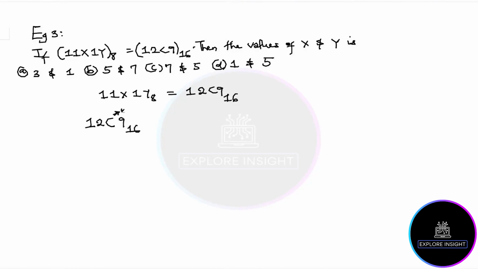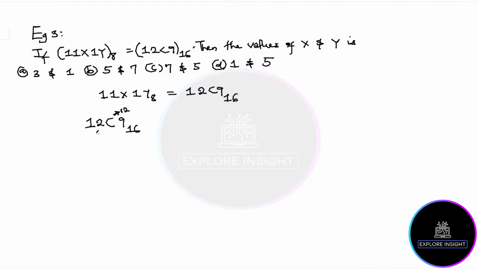Remember, C in this case is 12. Since I'll be converting the hexadecimal to base 8, at that point I'll be having both bases on both sides. And if I'm able to make both bases equivalent on both sides, it means I can find the value of x and y.